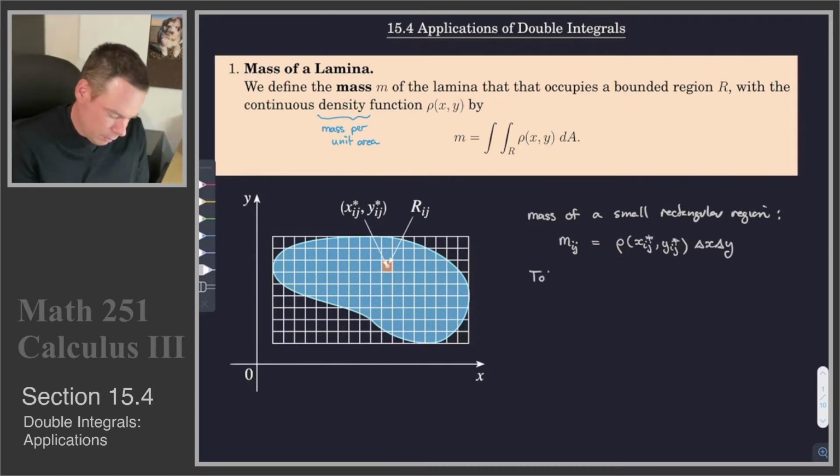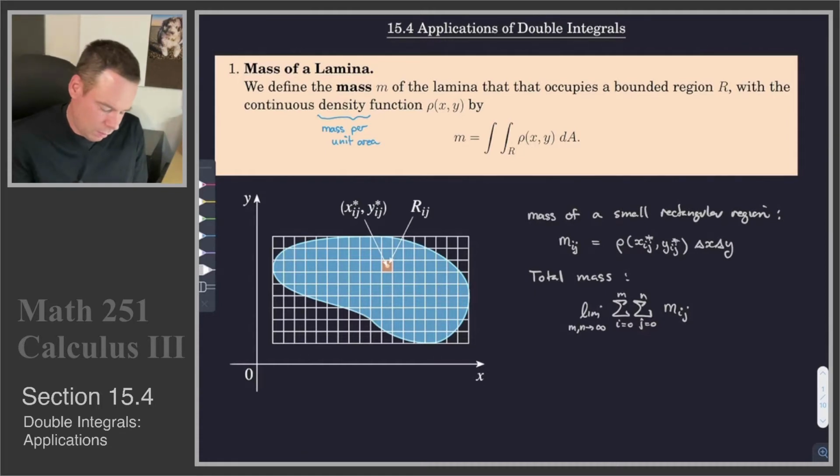So the total mass we get by summing over all of these rectangles, from i equals 0 to m, j equals 0 to n. We sum over the mass of those, and then we look at the limit as the number of rectangles goes to infinity, or in other words, the width and the height of them goes to 0, and that gives us our total mass.